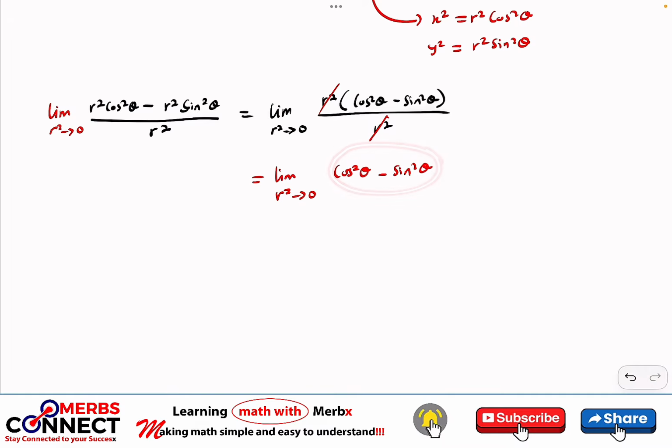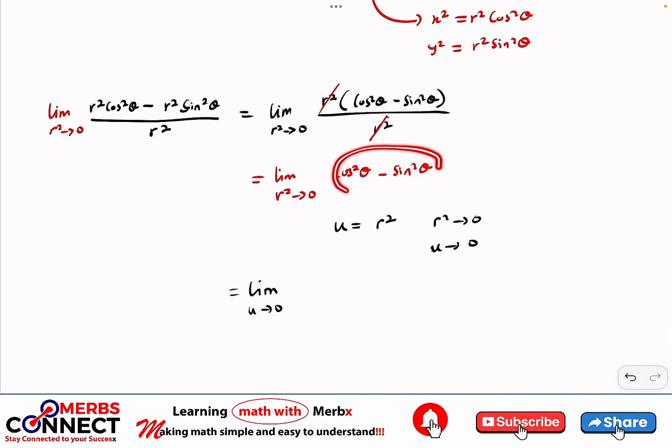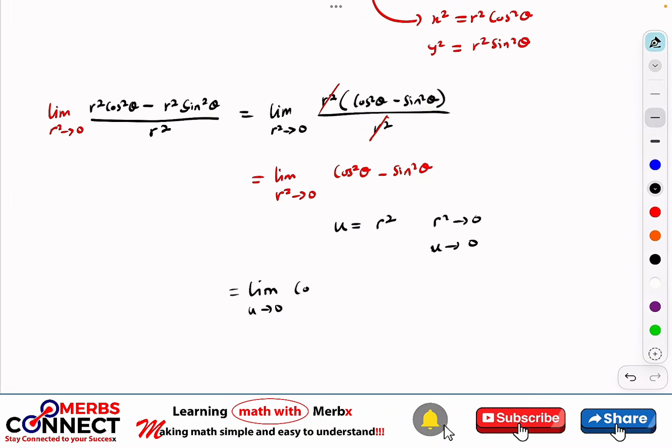So let's still go ahead and, since this is r squared, change it to u. Then as r squared approaches 0, u will also approach 0. So we have the limit as u approaches 0, and there is no r here for us to change. So this gives us cos squared theta minus sin squared theta.